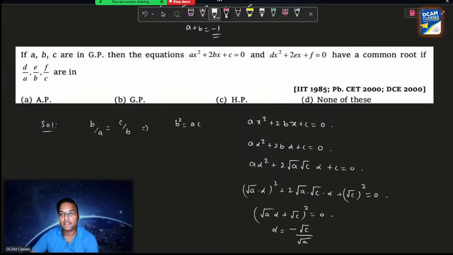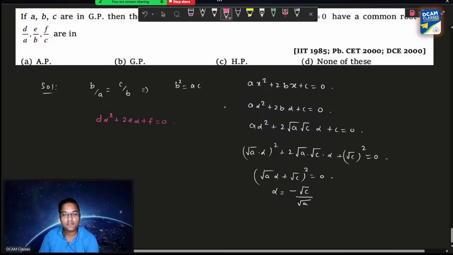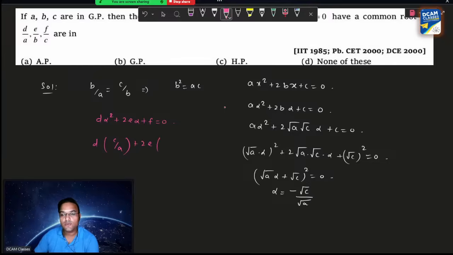Now see, for the second equation, we can write d alpha square plus 2e alpha plus f is equal to 0. Alpha lies in this also. So it will be d into c by a plus 2e into root c by root a plus f is equal to 0. Root is coming. How to remove the root?